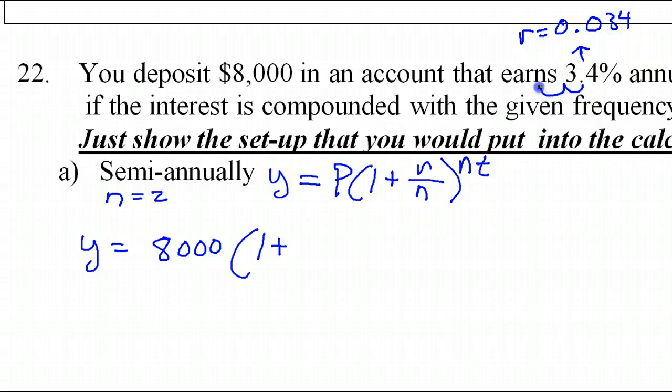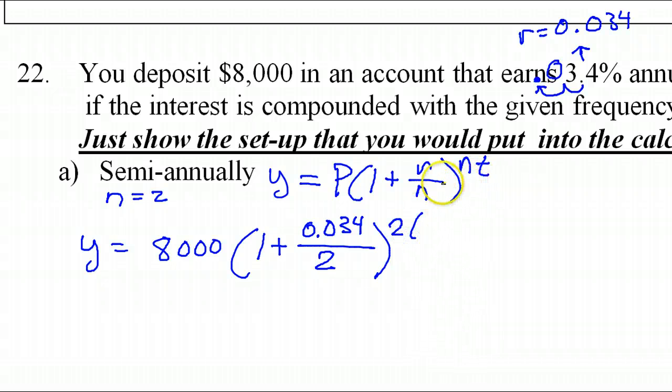Got to move the decimal point twice. Okay, that's why we need an extra 0. So that's the R value. So 0.034 over 2, because that's the n value, to the power of nt. Well, there's that same 2 again.